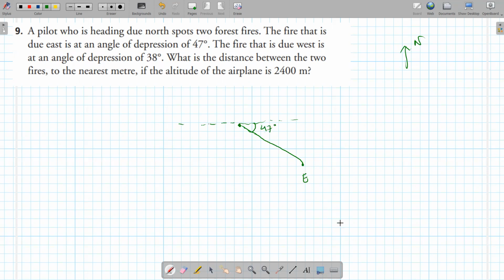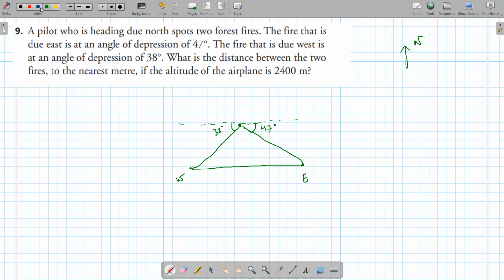This angle is 47. And then there's another one on the west side. So let's say this other forest fire is here on the west. And that is at an angle of 38 degrees, yeah? Like that, that's at an angle of 38. And we can just join this to form the triangle.